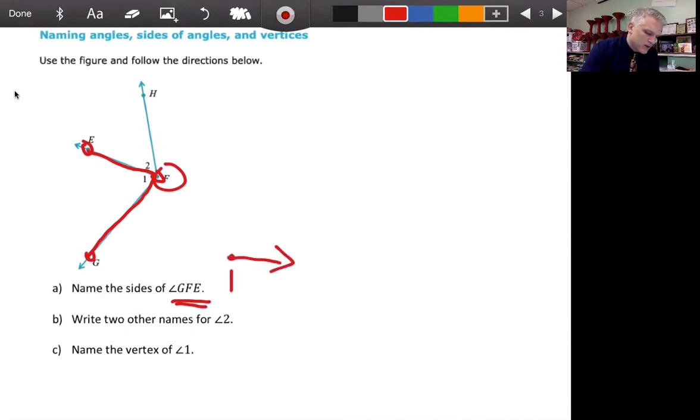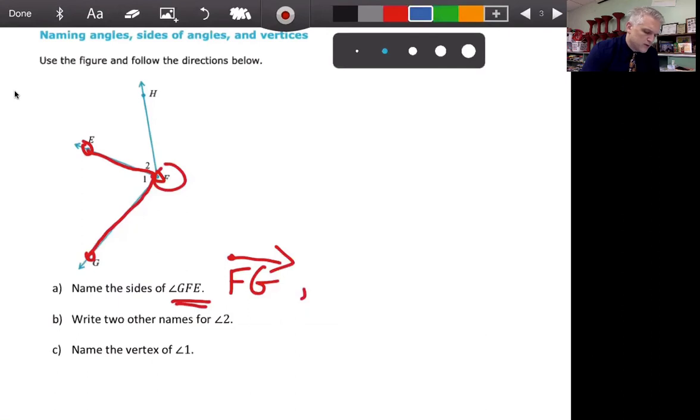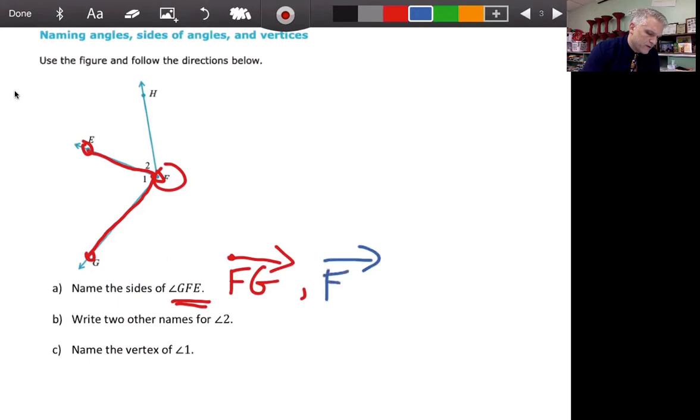So that would be ray FG. That's one of the sides of that angle. The other side, this one, again starts at endpoint F and it goes through E forever. So ray FE is the other side of angle GFE.